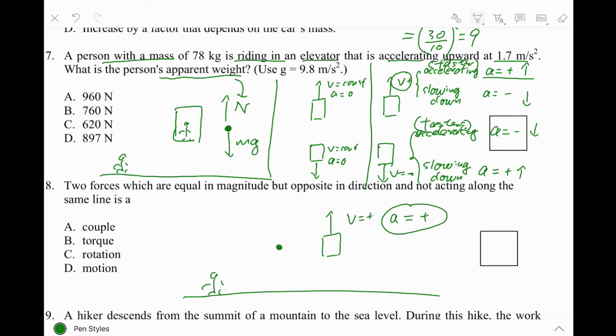So remember, you have N and you have mg. Which one should be bigger? Think about it. F equals ma. The force must be parallel to the A. So the A is up, so the force must be up because F equals ma.